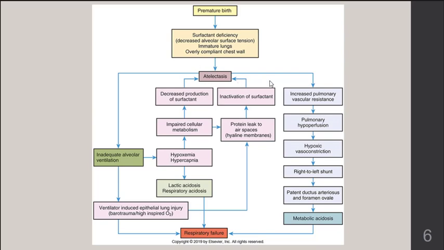Atelectasis can also lead to increased pulmonary vascular resistance, which we've spoken about already. Then the lung tissues are not perfused as they should be with the oxygen that they need, which can lead to what's called hypoxic vasoconstriction.